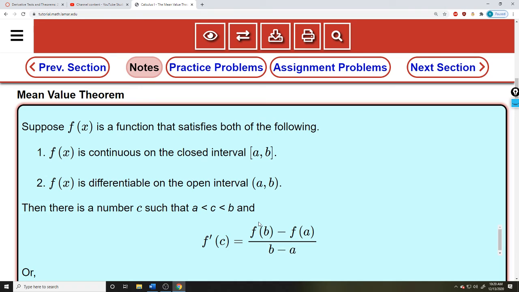Where does the derivative equal 5? So to recap those steps one more time, you're going to check that the function is continuous and differentiable. You're going to find your slope of the secant line, your f of B minus f of A over B minus A. And you're going to say at some point, by the mean value theorem, the derivative has to equal that number.